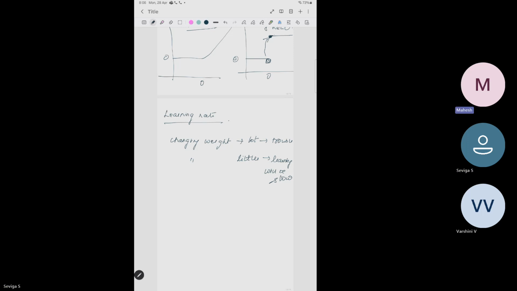So we need to control the amount of change to the weight during every weight update. That is done using a hyperparameter called the learning rate. What is the learning rate? It controls the amount of change to the weights during every update.